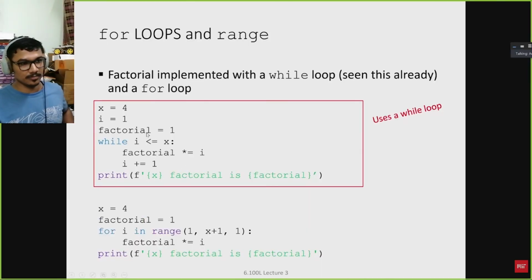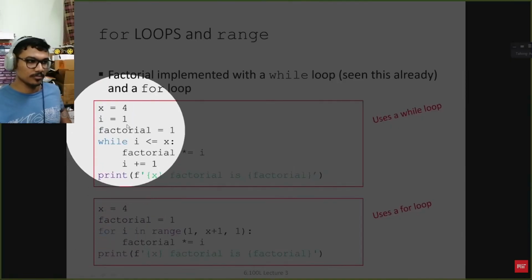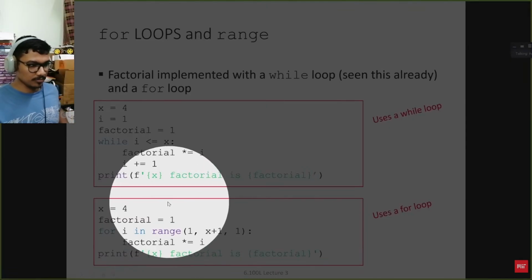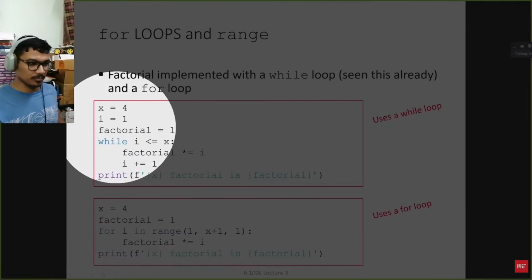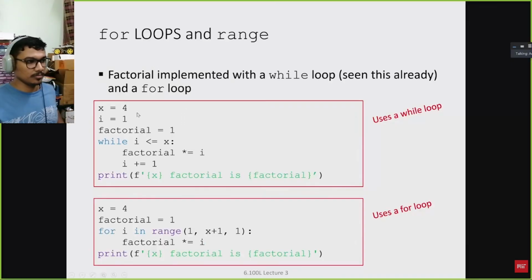That same code in a for loop looks like this. So we still have the initialization of x to 4. We still initialize our factorial, right, our running product, to a 1. But we're losing those 4 lines of code that make up that pattern of changing numbers with while loops, into 2.